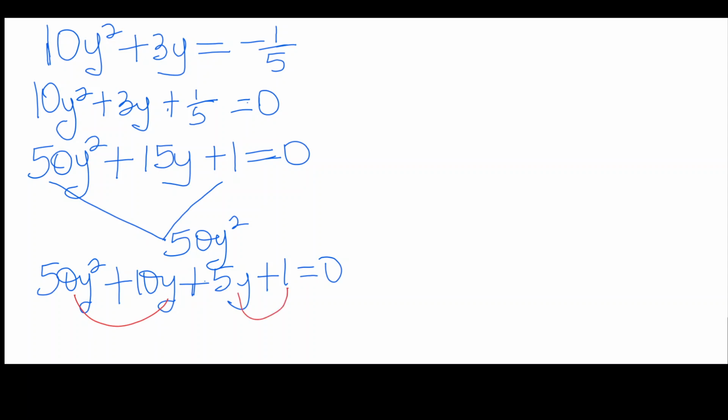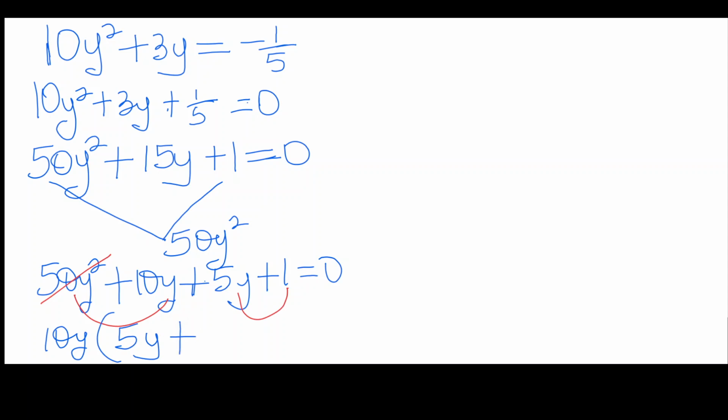So I'm going to be having 10y to be a factor between 50y squared and 10y. So I have 10y is common. Then I open a bracket. Then I'm using 10y to divide 50y squared. When I divide 50y squared by 10y, I'm going to be having 5y, of course.